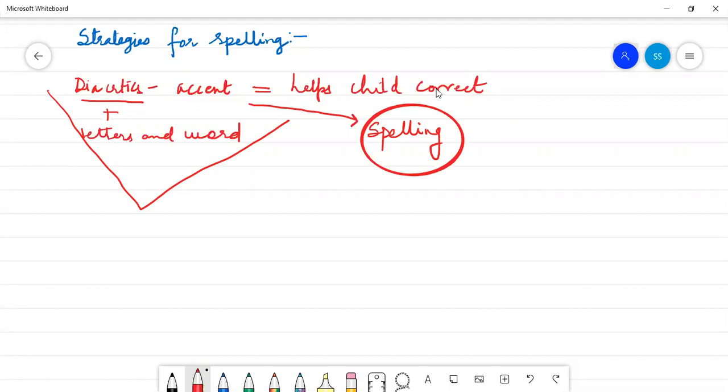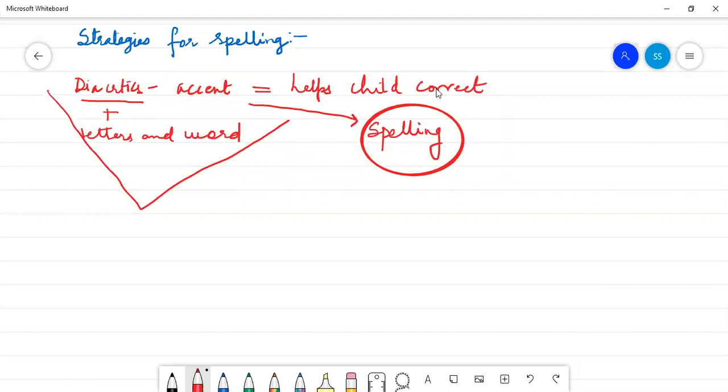The addition of this diacritic and the letter and the word is very important because these terms will allow you to understand and also make the child learn better spelling.